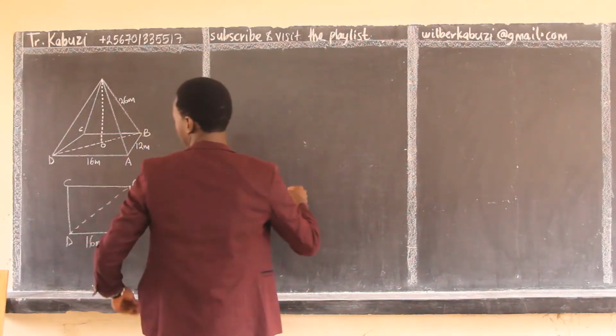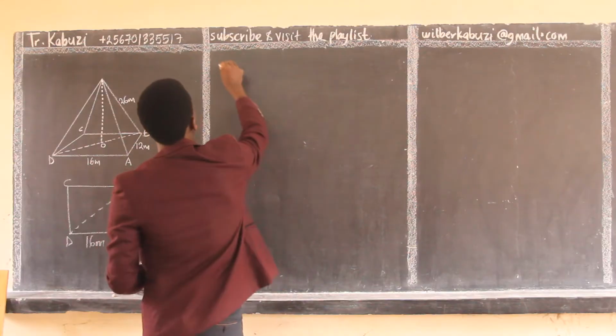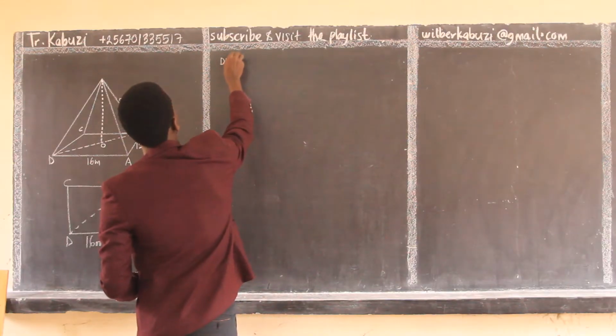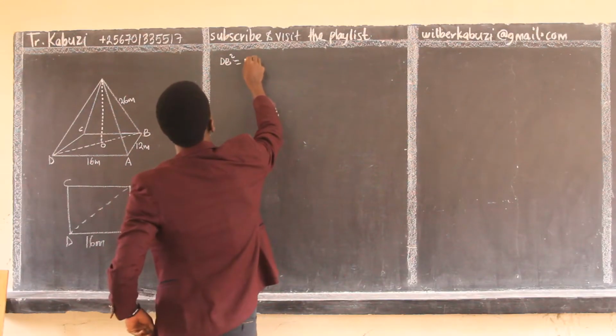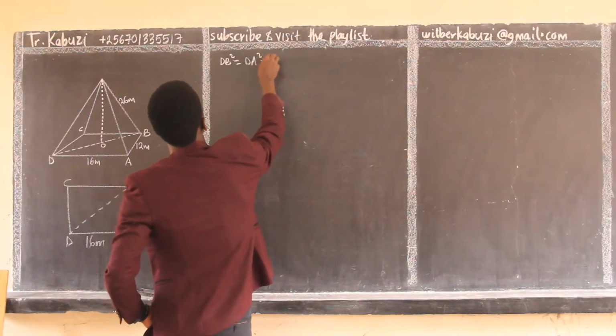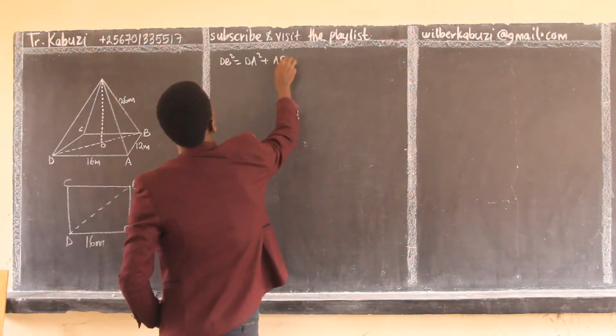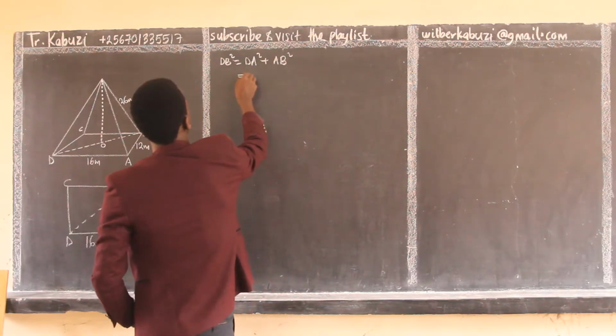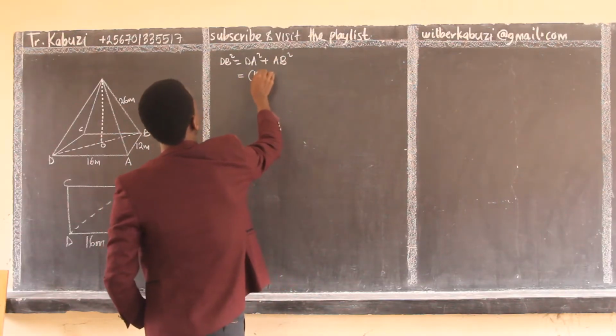What does Pythagoras say? dB squared will be equal to dA squared plus AB squared, where our dA is 16.